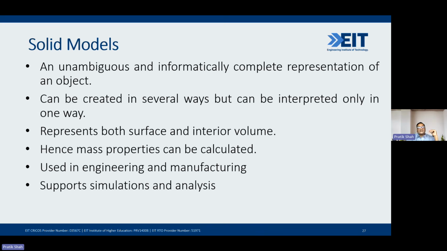The greatest advantage to me when we talk about solid models is that they support simulation and analysis. When we talk about simulation and analysis, a solid representation is always used. Wherever you need to analyze a sheet metal component, the analysis is done on a surface model. But widely, I would say more than 90% of the engineering analysis is done on solid models.